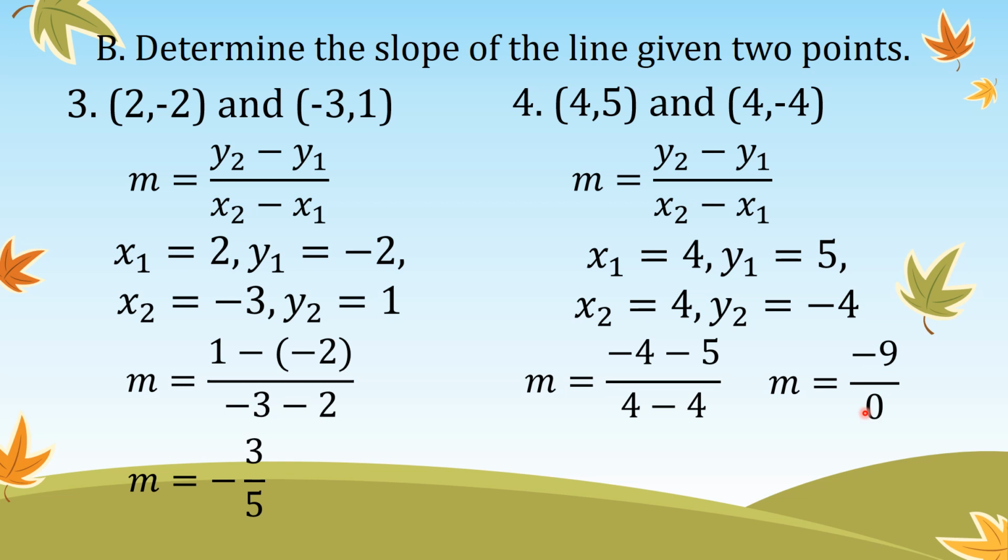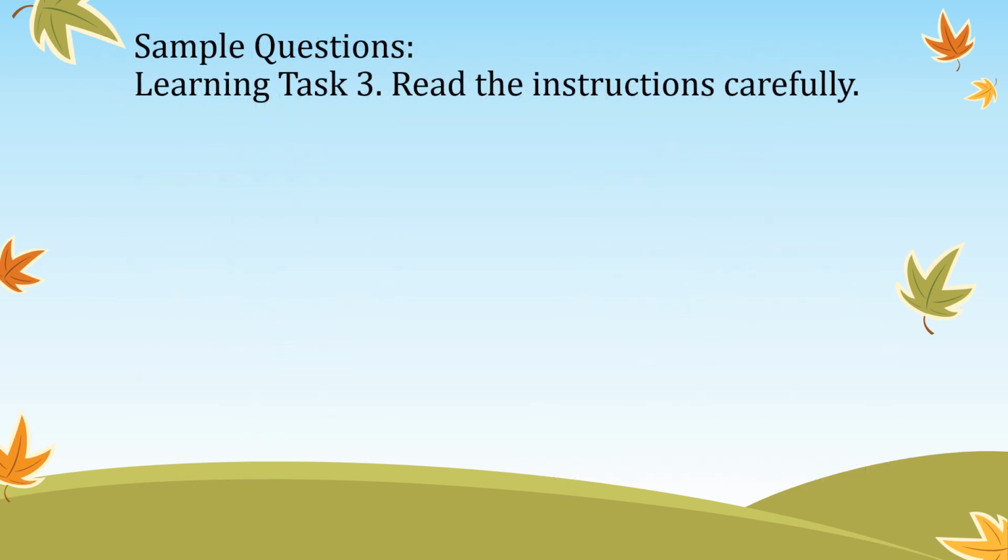So, bakit siya undefined? Kasi we don't have such number na i-divide pa natin sa 0. Kaya tandaan, kapag ang isang number ay dinivide sa 0, it is always undefined. So, therefore, the slope is undefined. The denominator is 0.